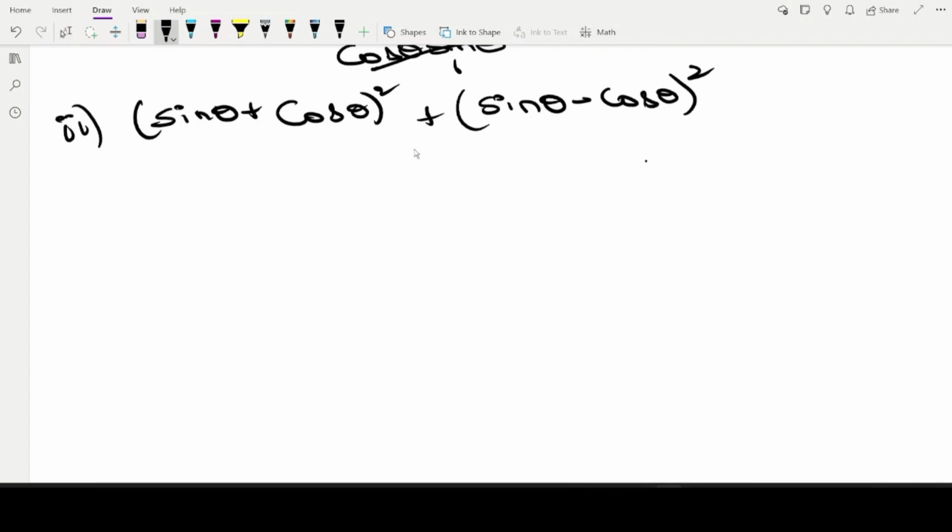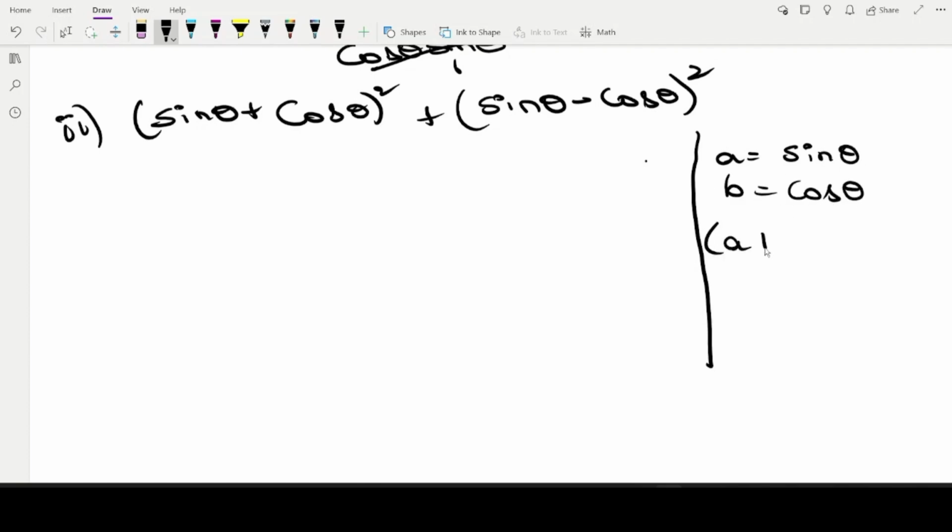If you want to split completely, you can split it, or else you can just assume them like this. Consider A as sin theta and B as cos theta. Now here you can write it as A plus B whole square, plus A minus B whole square.